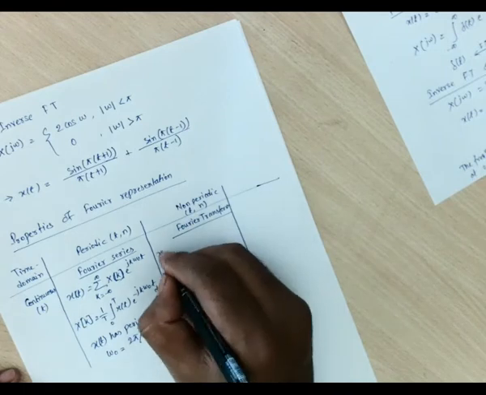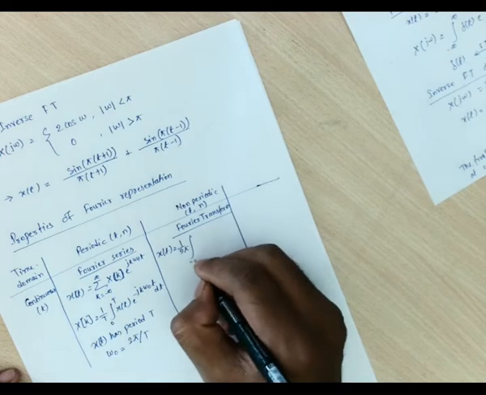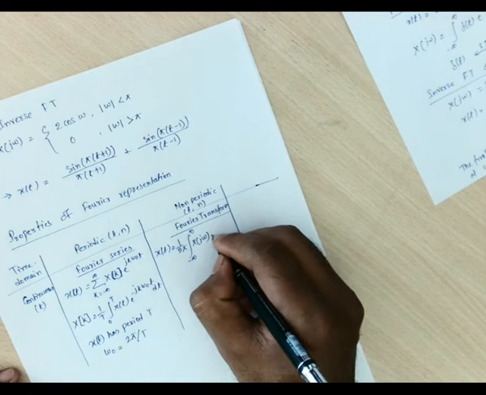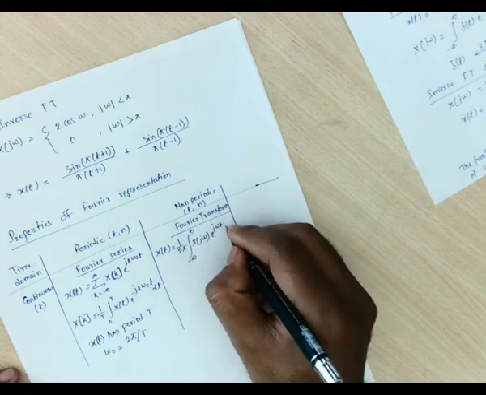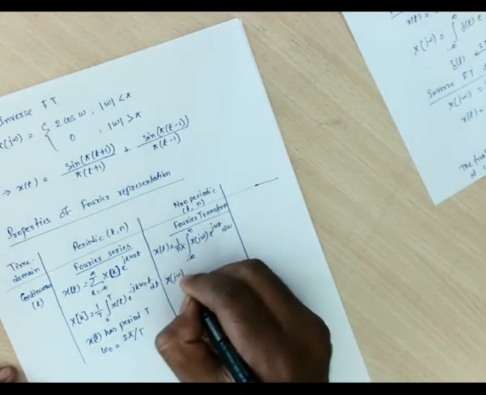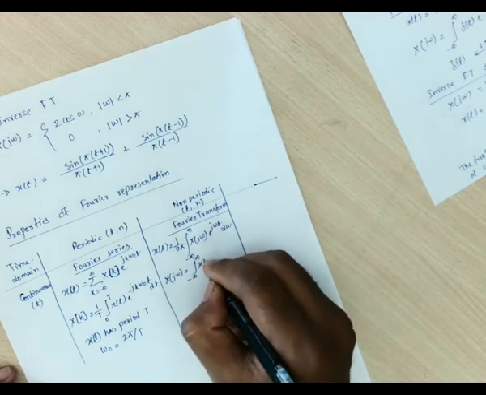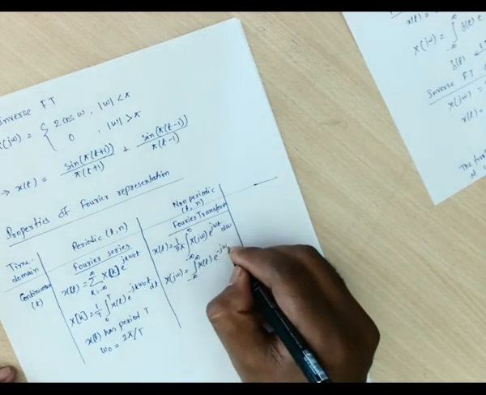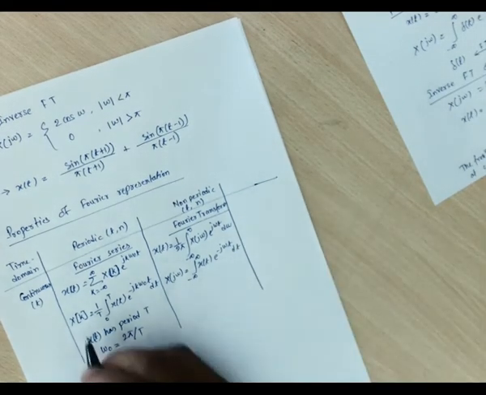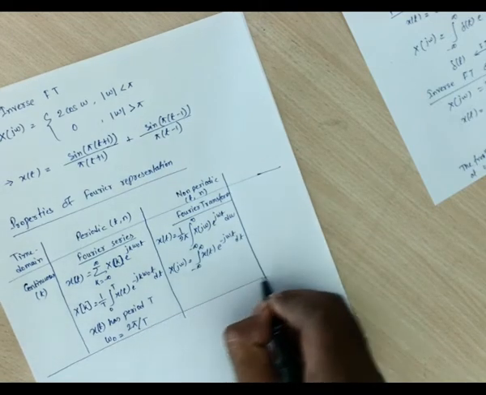For that case, x of t is 1 by 2 pi integration minus infinity to infinity x of j omega e to the power j omega t d omega, whereas this x of j omega is integration minus infinity to infinity x of t e to the power minus j omega t dt. So that is about continuous time signals.